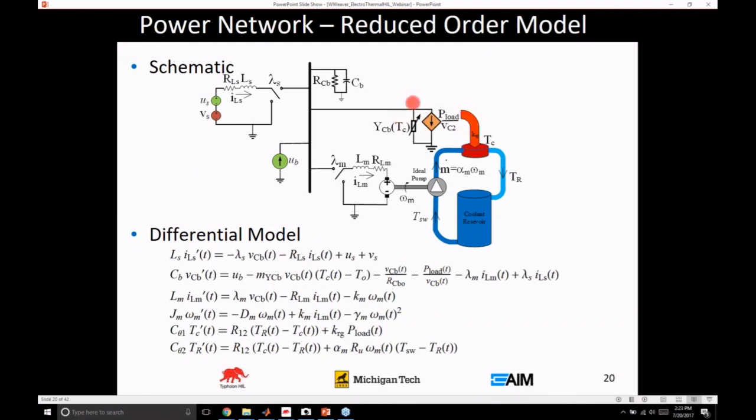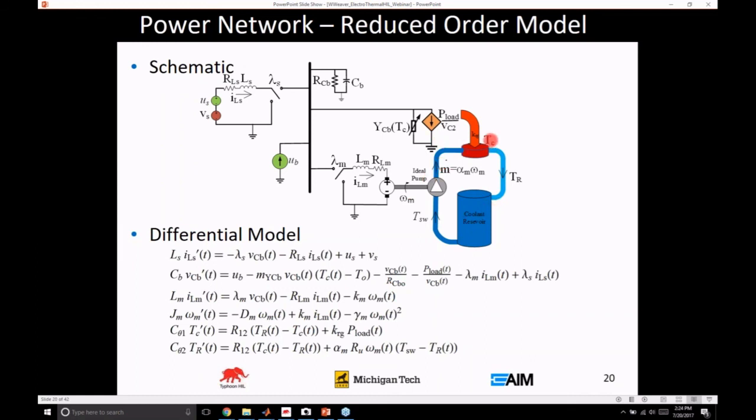The assumption also is that these pulse loads are usually not very efficient. So for our models here, about 80% of the pulse load power is dumped into heat. That's going to heat up the element here, and then we have a cooling loop to cool it off.